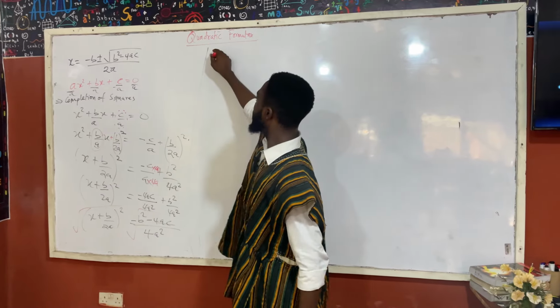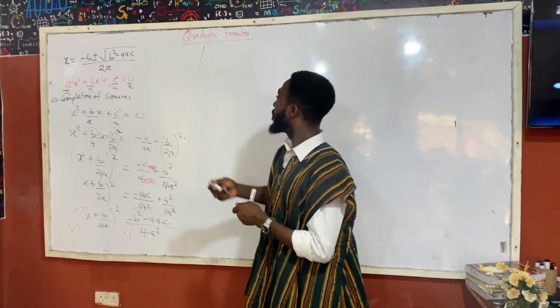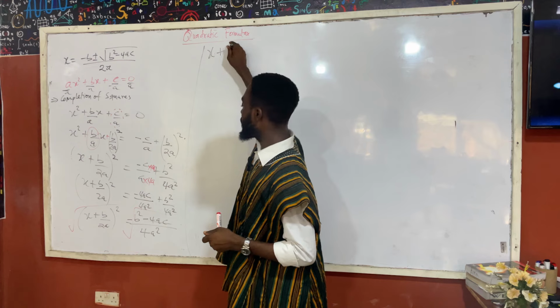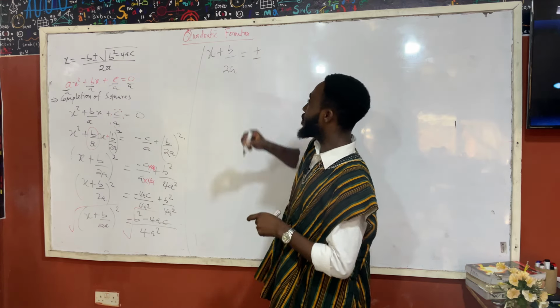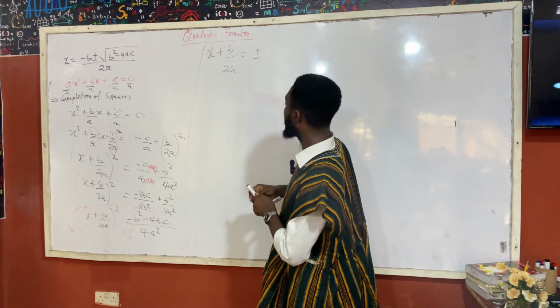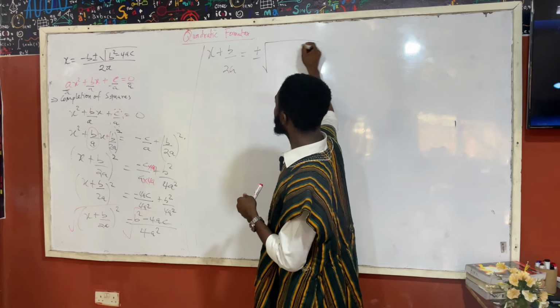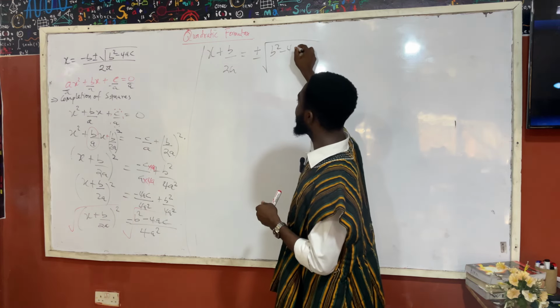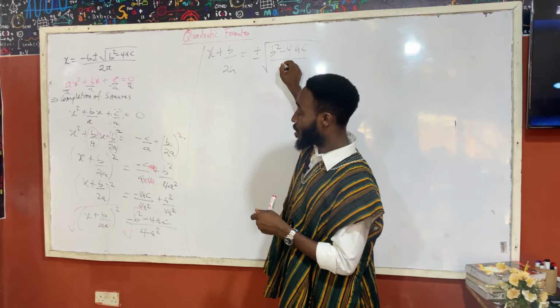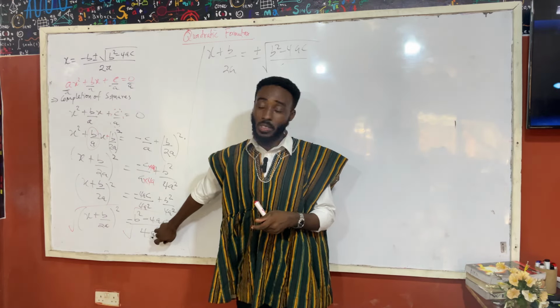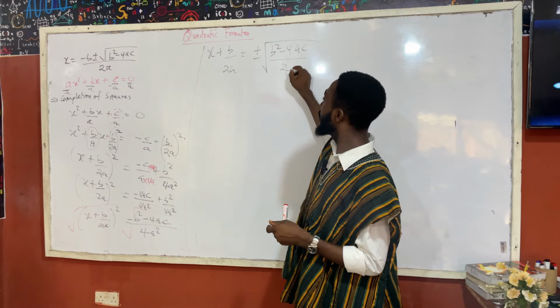I'll have x plus b over 2a is equal to plus or minus, which should be introduced here, root of b squared minus 4ac all over 4a squared.